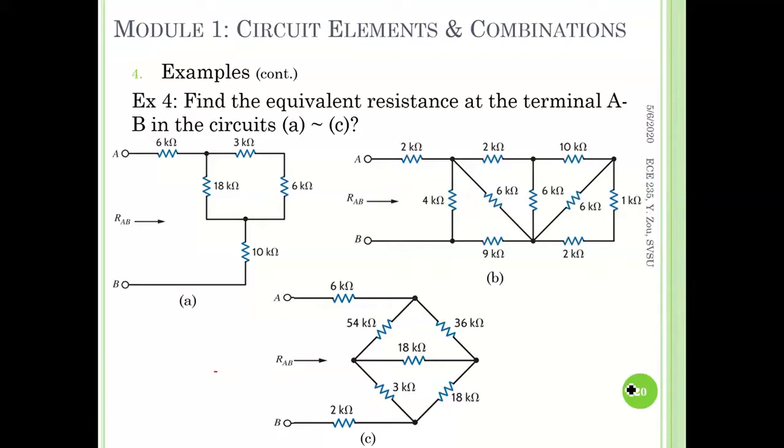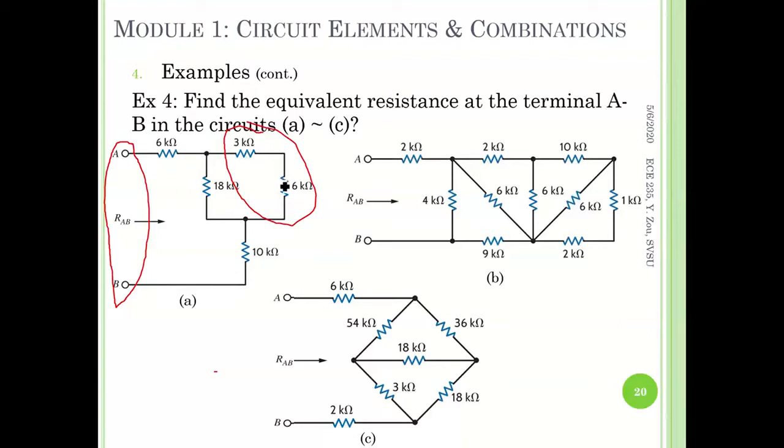Second thing you need to do is follow the circuit order. Begin with the end of the circuit and move towards the beginning of it, part by part. Following these 2 ideas, let's try circuit A here. We're beginning from the end of the circuit. Actually, we're considering the terminals A and B as the beginning of the circuit. So the end of it is pretty much this part, from where we can see a clear series connection between 3K and 6K.